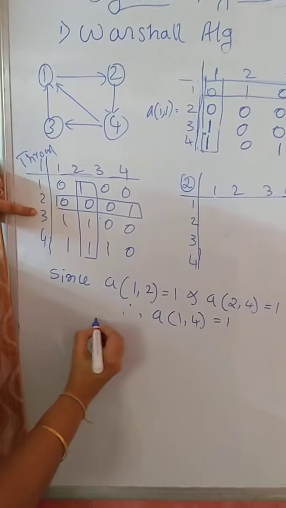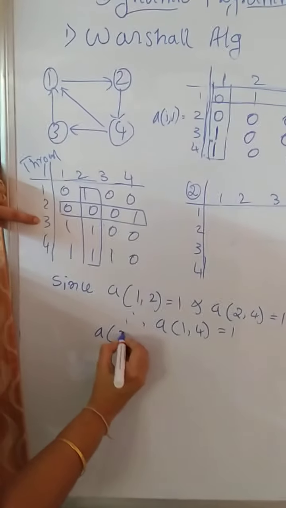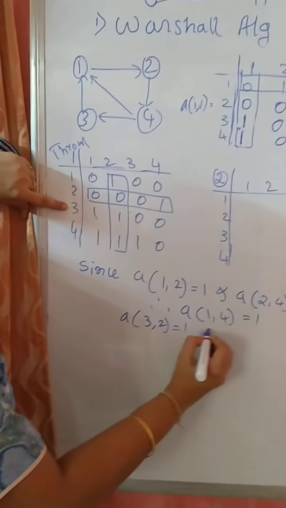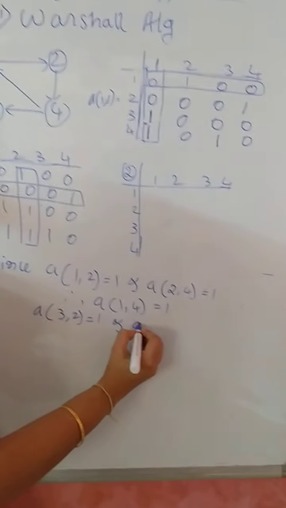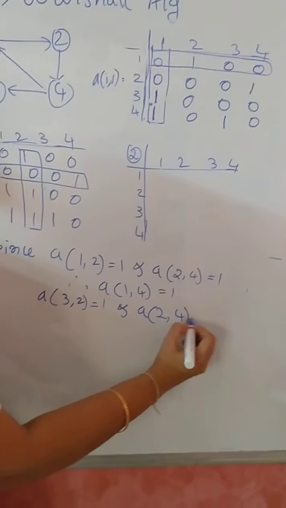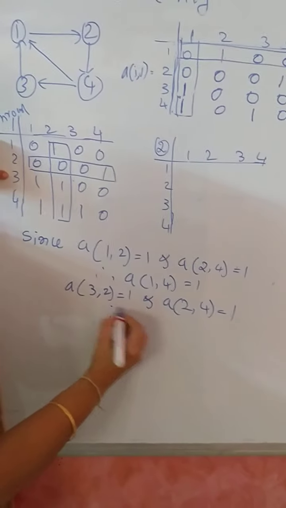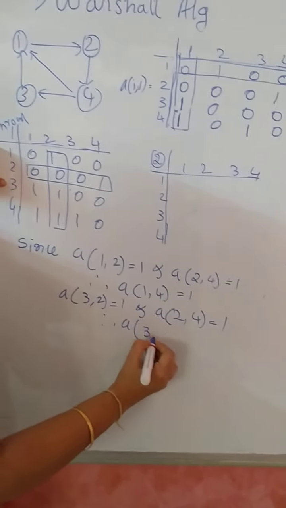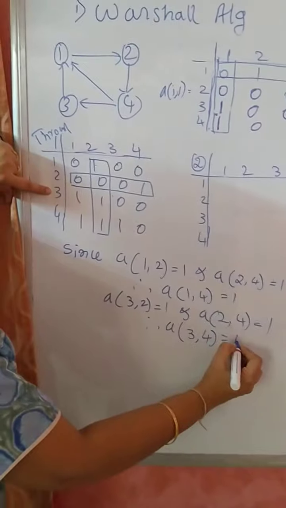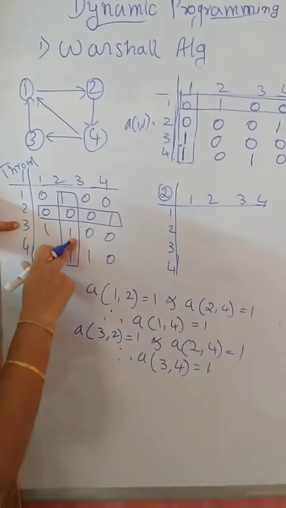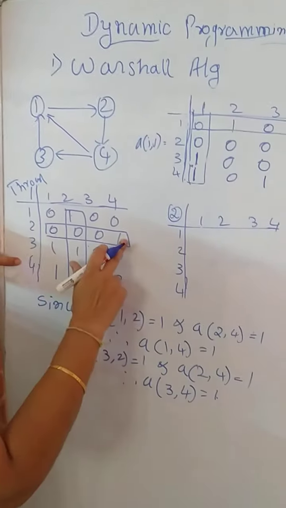A of 3 to 2 is equal to 1 and A of 2 to 4 is equal to 1. So there is a path from 3 to 2 and 2 to 4. Therefore A of 3 to 4 is equal to 1.